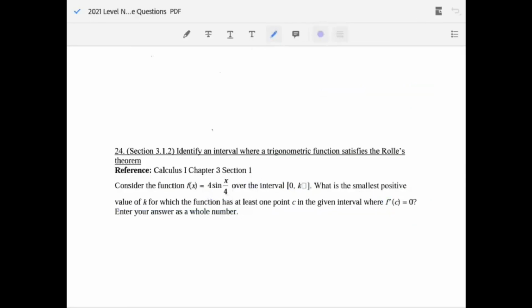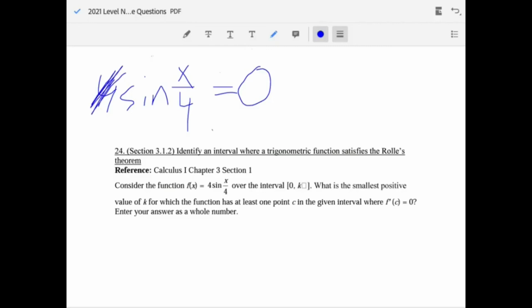So you just have to find which function makes it 0 again. So 4 sine x over 4 equals 0. The 4 is cancelled out, because we need whatever makes sine of x over 4 equal 0. Sine is 0 at 0, pi, 2 pi, and so forth.